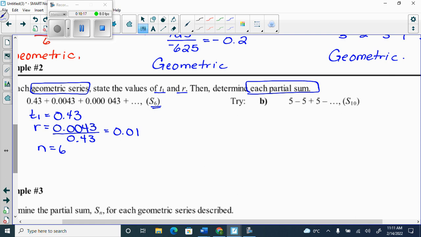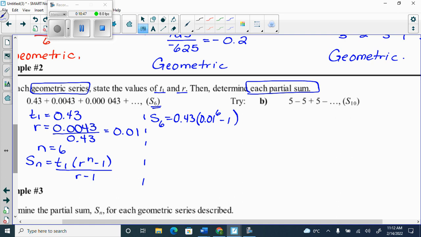Trying to figure out which formula you need to use. Okay? So we're going to use the first one, which is Sn equals T1 times R to the N minus 1 over R minus 1. So we're finding S6 equals T1, which is 0.43, R, which is 0.01, to the N, which is 6, minus 1.